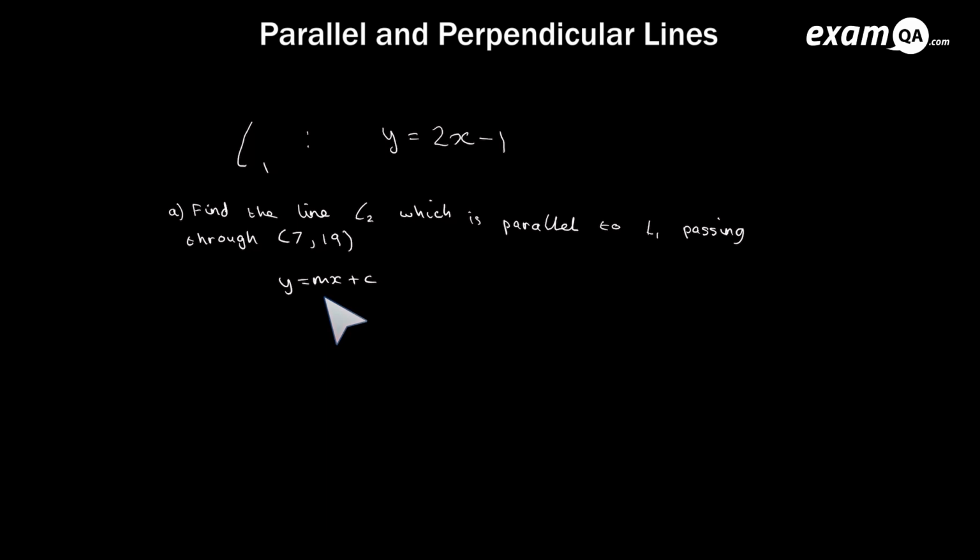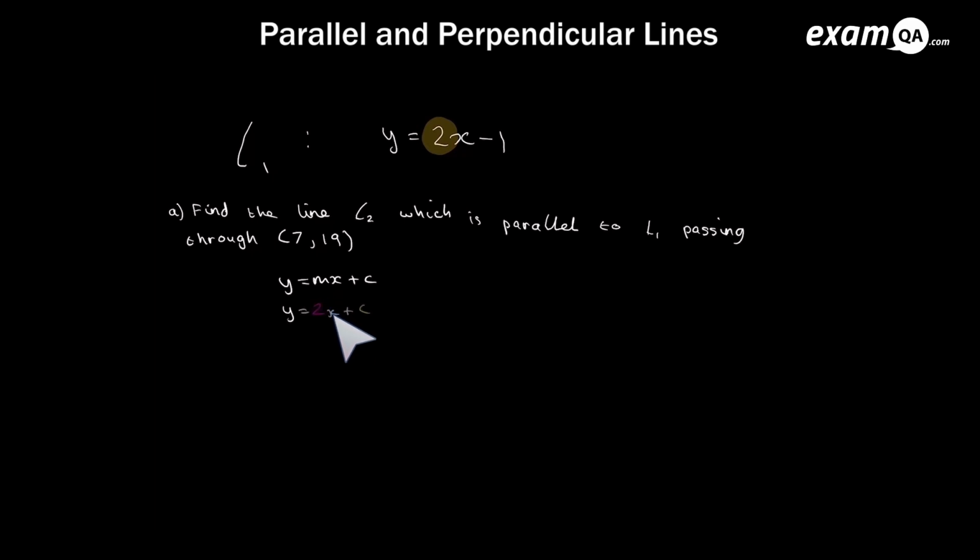Now, since we know they're parallel, we know the gradients are the same. So what is L1's gradient? It's the number in front of the x, which is 2. And of course, they're parallel, so our equation will also have a gradient of 2. And you should know from before that m refers to the gradient, so we can fill in the m now.